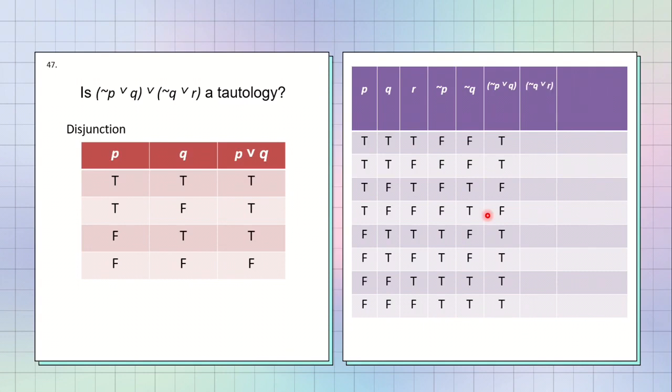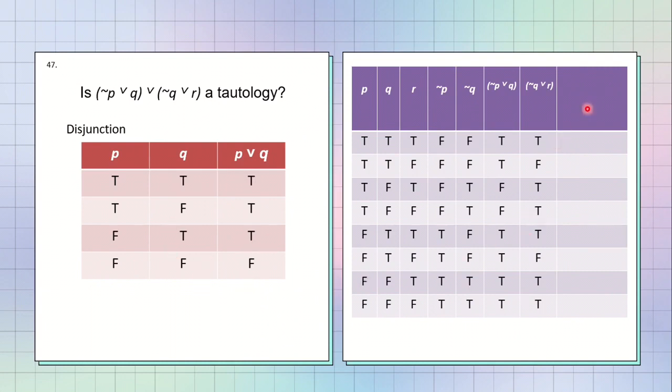Next we will get the other one, the value of not Q or R. So again we will be using disjunction. So true, false, true, true, true, false, true, and true. So we just have to look at the truth table here in case you were confused.